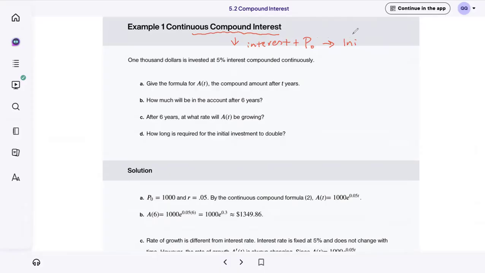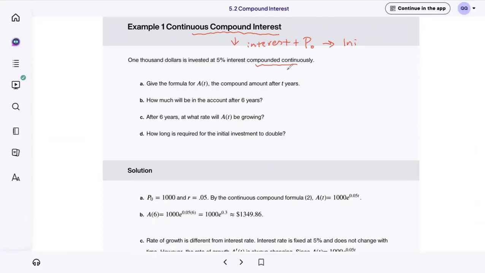So the interest will be put on top of your original investment. Then your initial investment plus this interest becomes your principal, your investment for the next round, when the interest is being calculated again. So this keeps going. This is called compounding. So compound continuously means that every second, the interest is already being calculated and already being added to your principal.